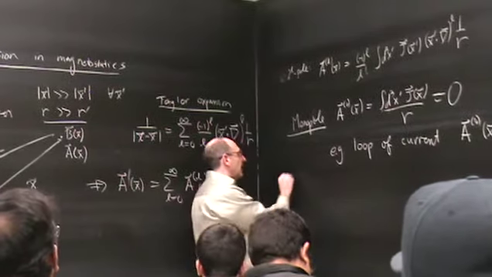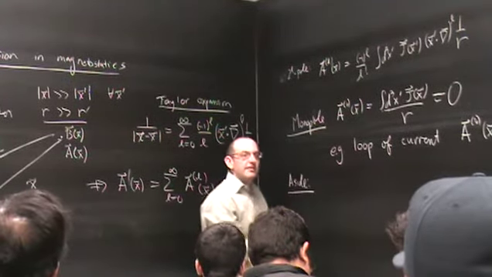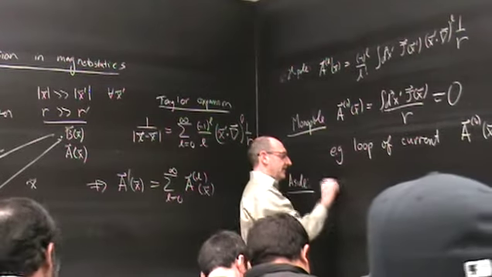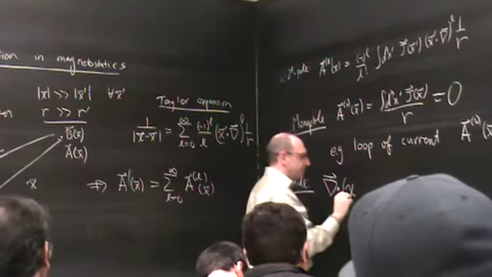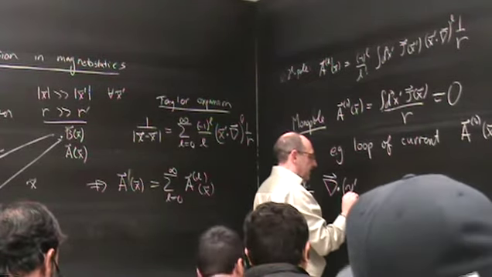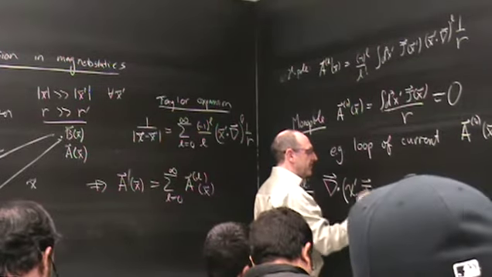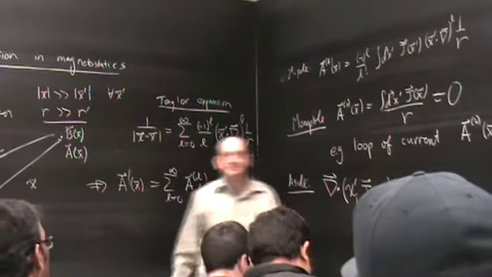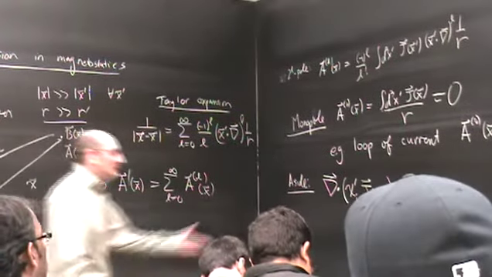Suppose, for a reason that seemed completely nuts, I consider the divergence of the ith component of x prime multiplied by the field j of x prime. Let's consider that.